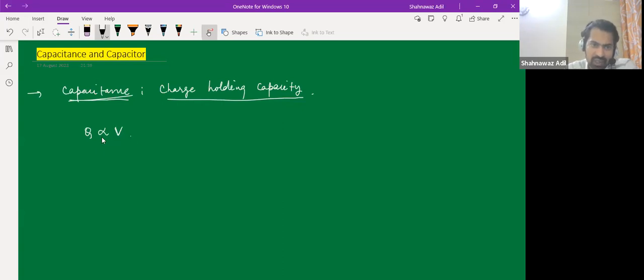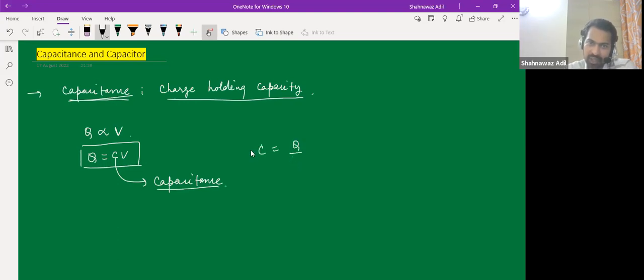When we remove this proportionality, we get C, the proportionality constant, called the capacitance. So C is Q by V, and it is independent of the increase in the charge or the increase in the voltage.